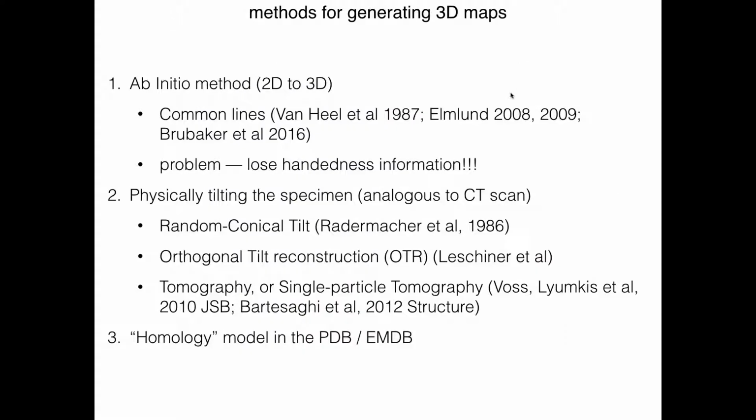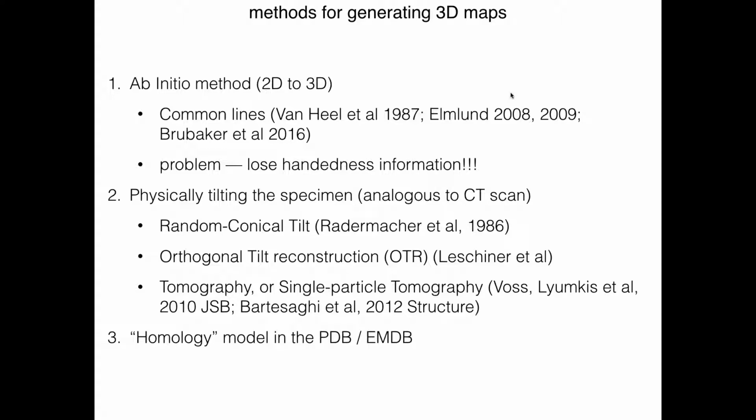And there are numerous ways of generating the three-dimensional reconstruction. There's been a number of ways over the years that have been introduced. One of the principal ways that, especially now, we're relying on more and more is based on the principle of common lines.